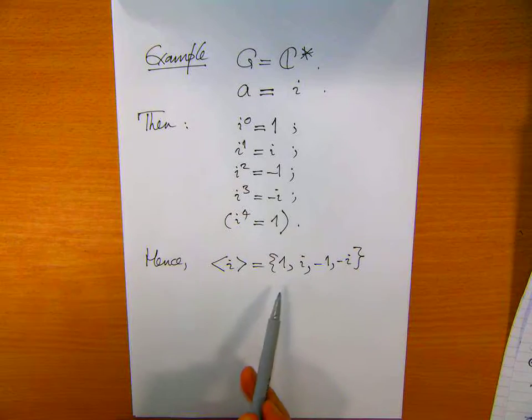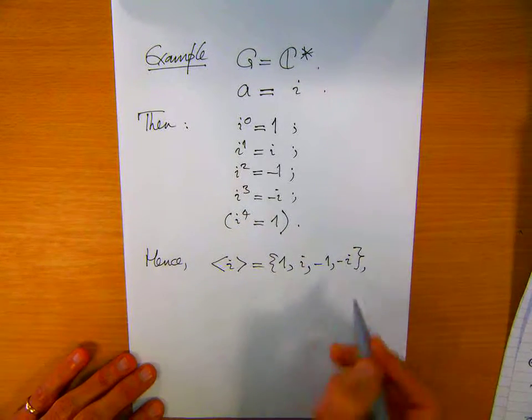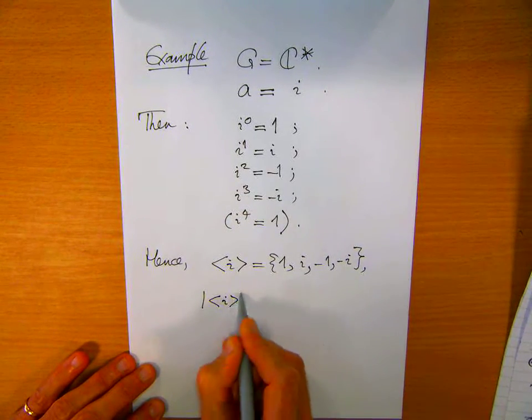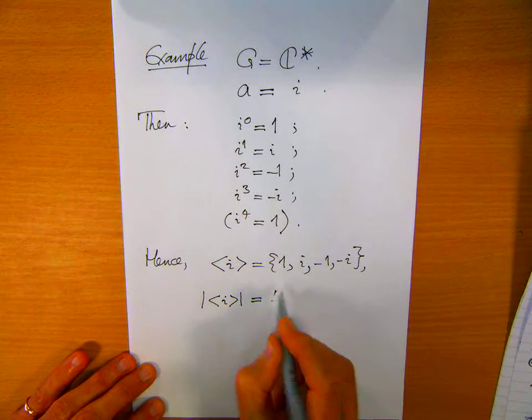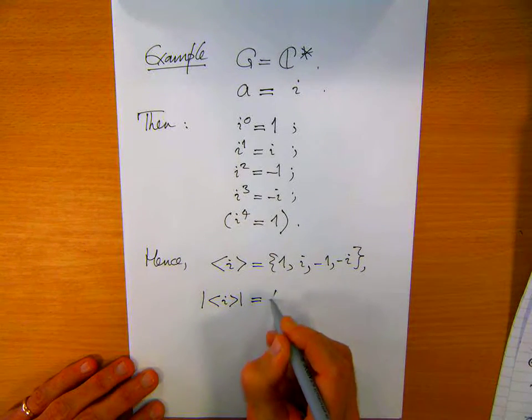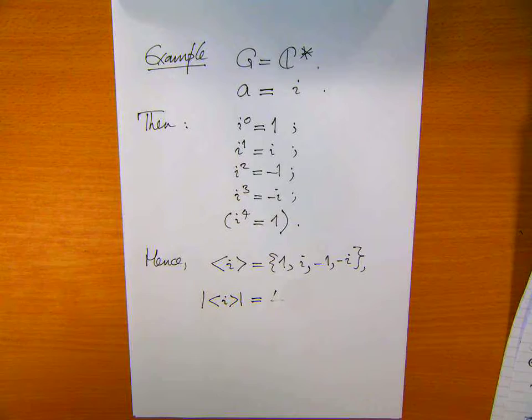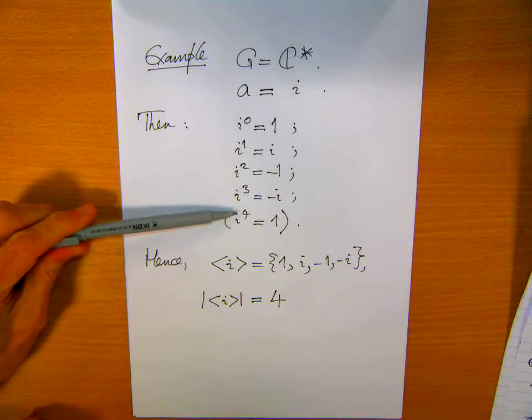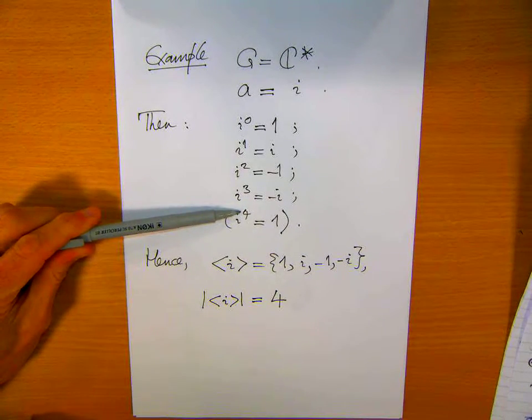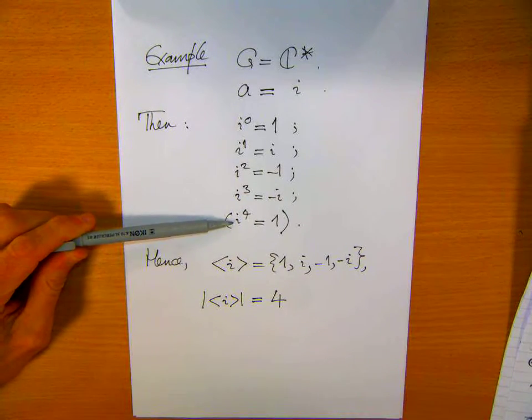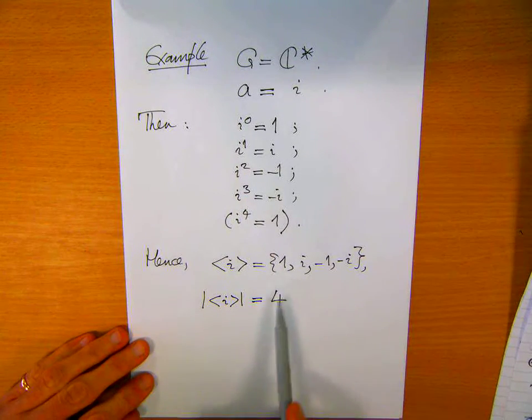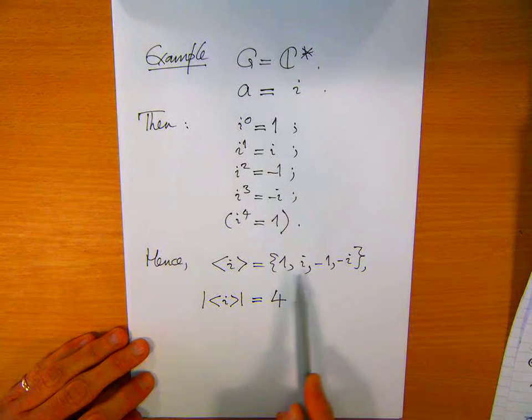And here we're seeing an illustration of the fact that the order of i is equal to the number of elements in the subgroup by definition, but it's also the smallest power that gives you 1. So 4 is the number of elements in this cyclic subgroup.